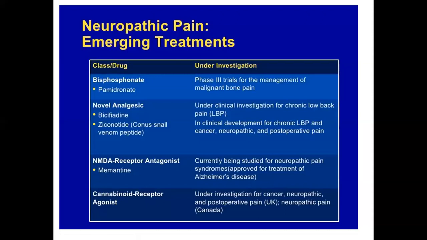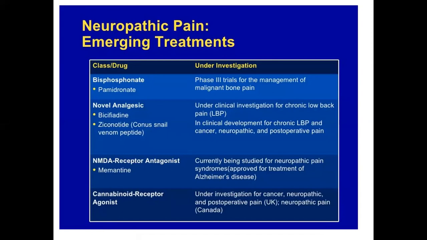what are the novel or emerging treatments for neuropathic pain management? There are drugs which are under clinical trials. We have phase 1, several phase 2, and phase 3 trials for the management of this pain.